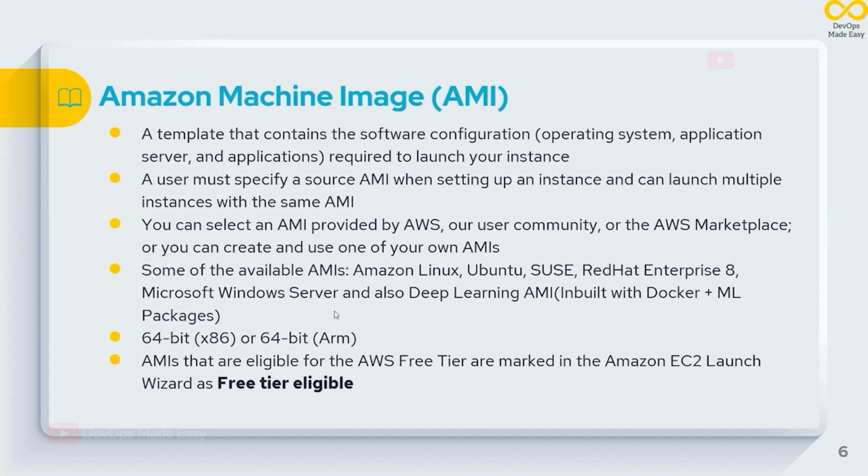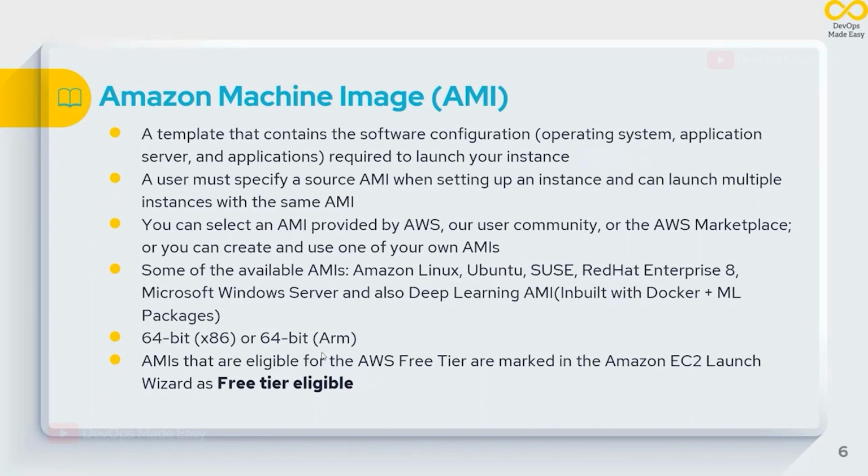And also there is a choice of the CPU architecture. It can be an Intel architecture or an ARM architecture. Depending upon the architecture, you can choose your operating system.